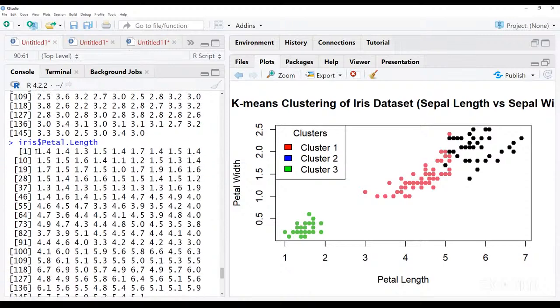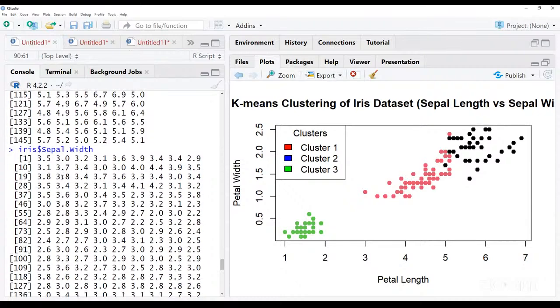Is there any 1.4 in case of the petal width? Petal length 3, we got it. But in case of the petal width?